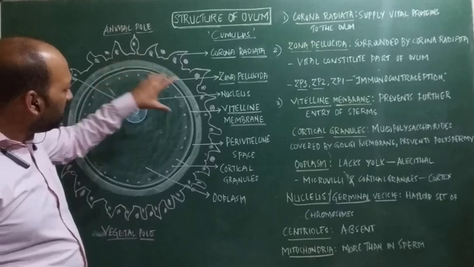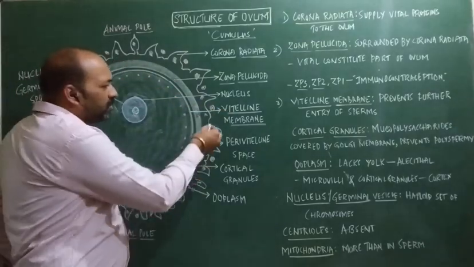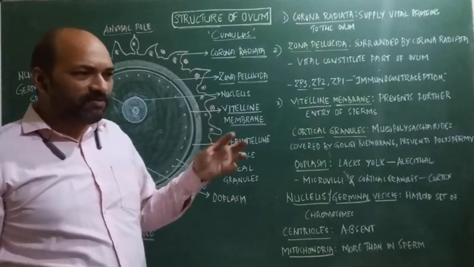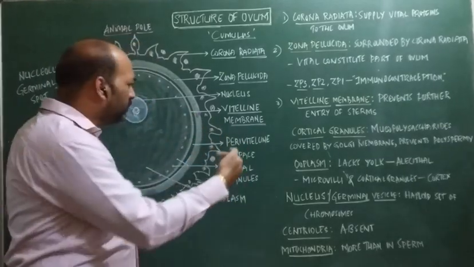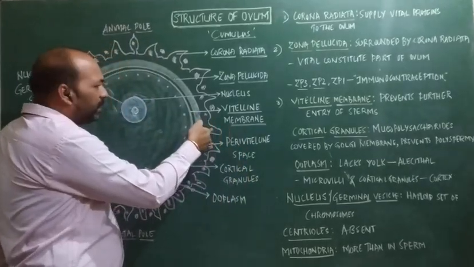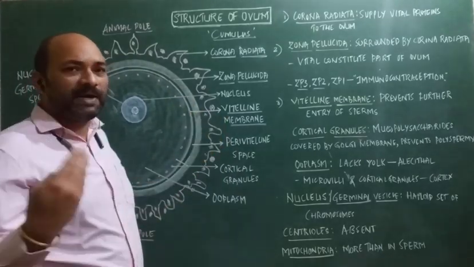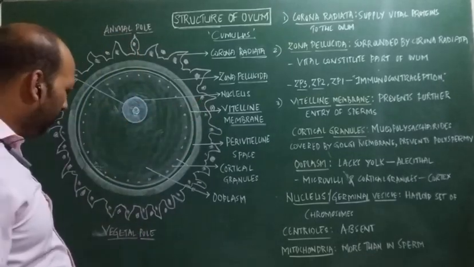This Vitelline membrane prevents the penetration of further sperms, which means during fertilization, one sperm enters the membrane, and thereby this plasma membrane prevents the binding of further sperms. So that is the plasma membrane.